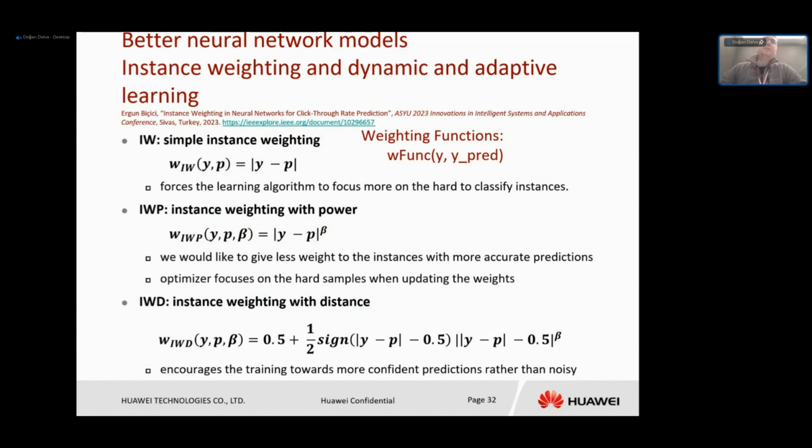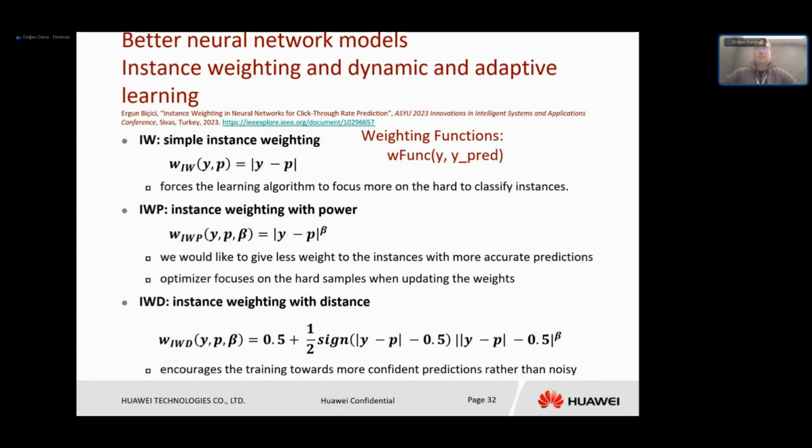And instance weighting with power takes the beta power of this error distance, and it gives less weight to instances with more accurate predictions. And the optimizer focuses on hard samples when updating the weights.